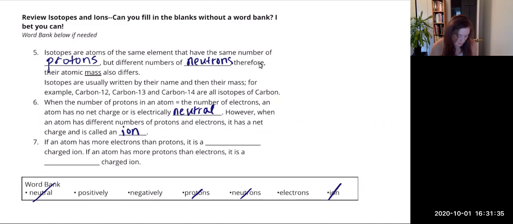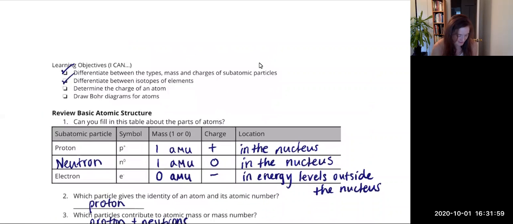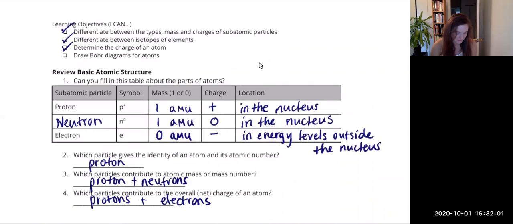If an atom has more electrons, more negative particles than positive ones, protons, it is a negatively charged ion, also known as an anion. If it has more positive protons than negative electrons, it is a positively charged ion, also known as a cation. All right? So now we did the charge of an atom. Well, we talked about it.